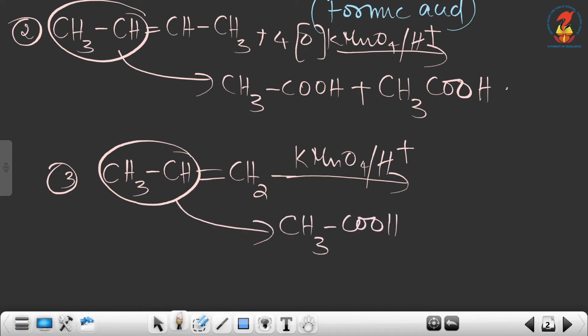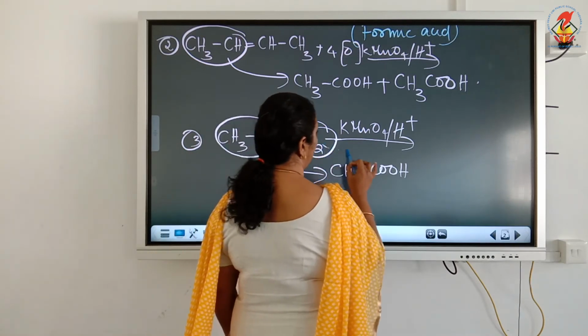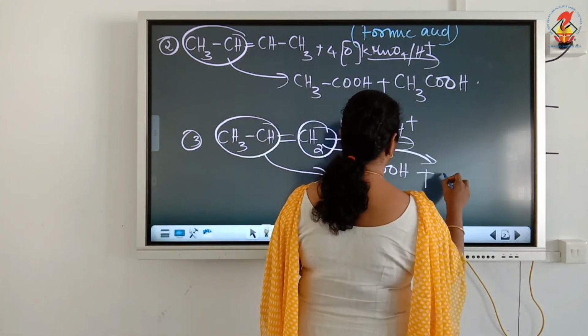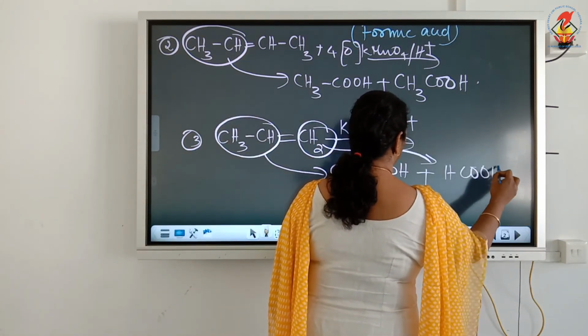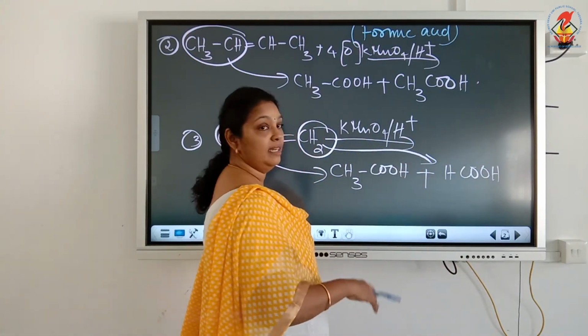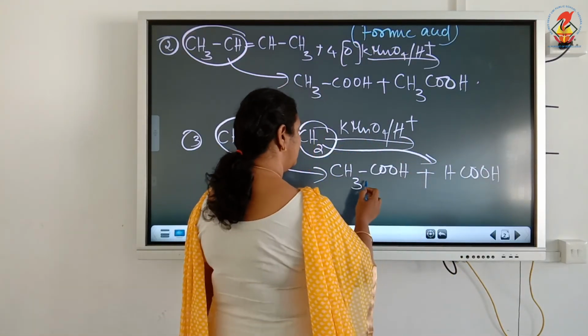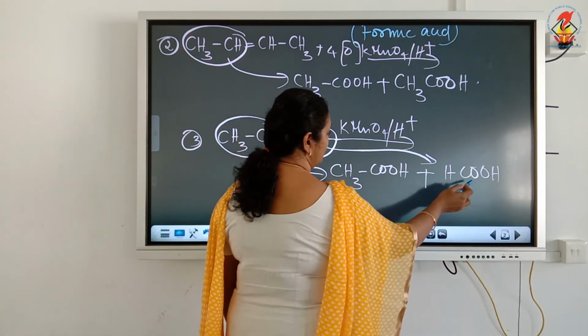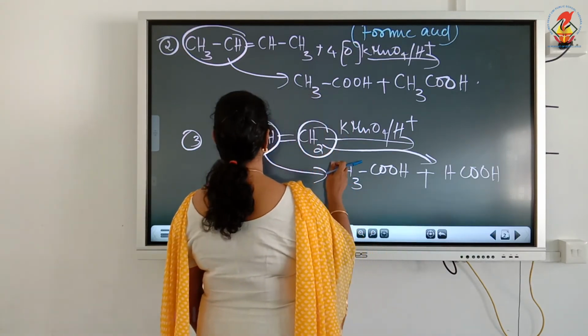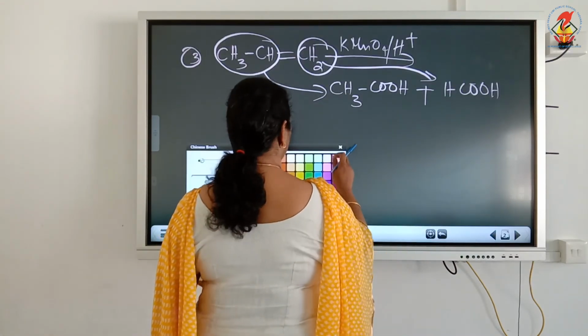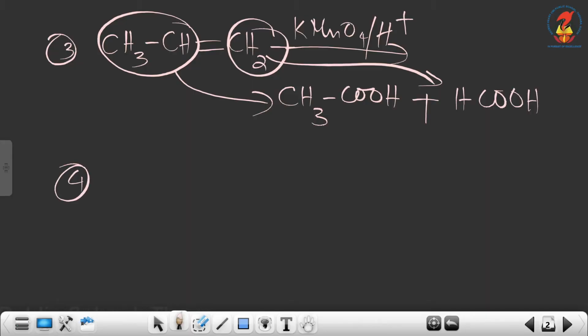So CH3COOH. Now this other side has only 1 carbon and it carries hydrogen. So what will be the product from this? It will be HCOOH. Because there is only 1 carbon, we get an acid with 1 carbon. Now this is ethanoic acid and HCOOH is methanoic acid. That is example 3.